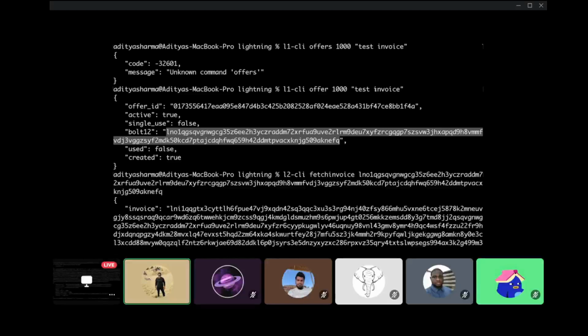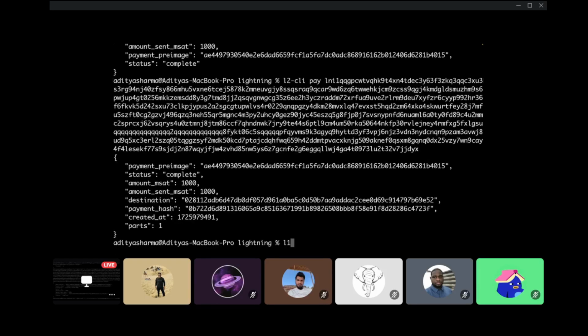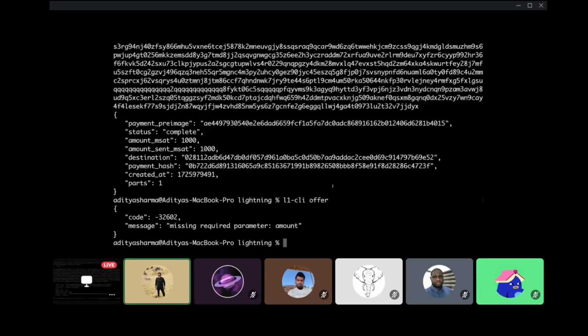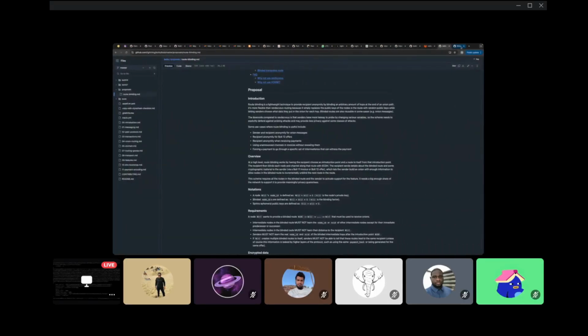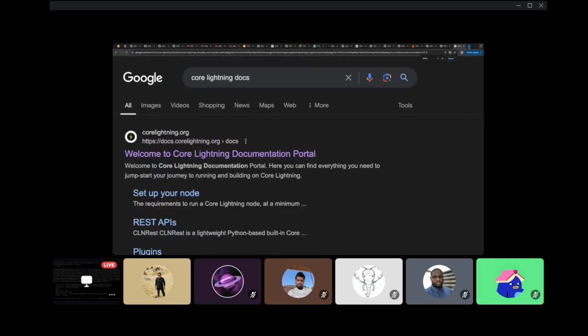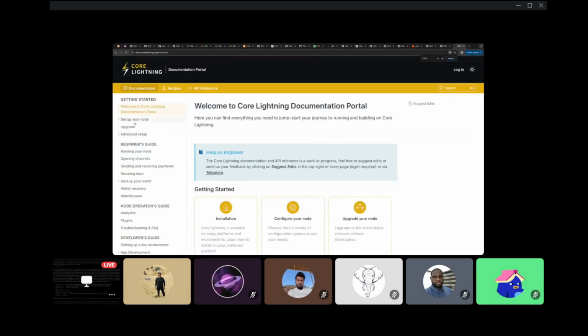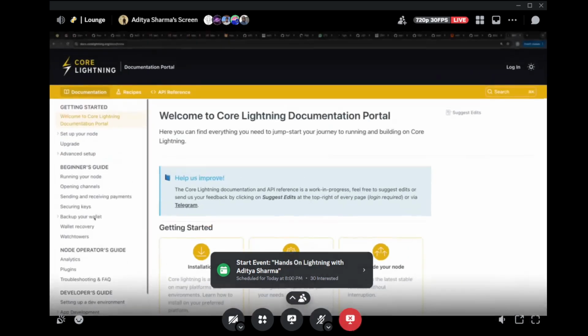And just to revisit, there are multiple parameters that you can set inside the offer RPC. Let me check the RPC API reference.